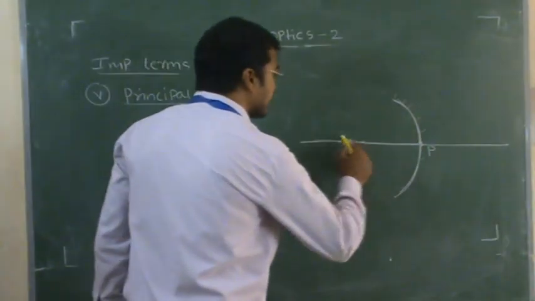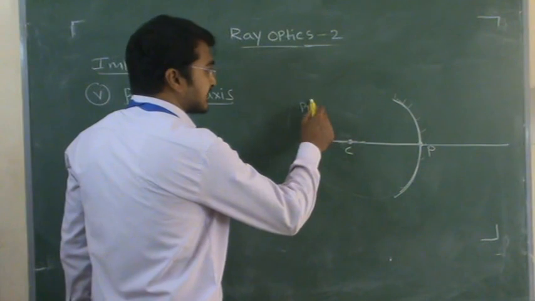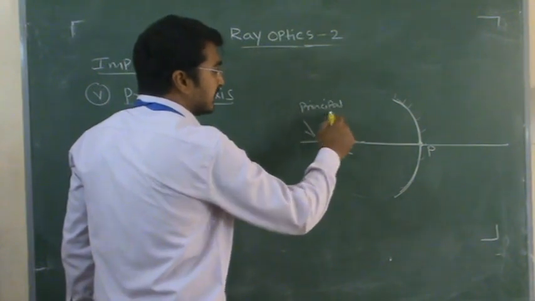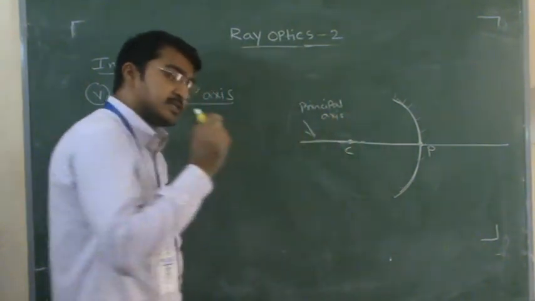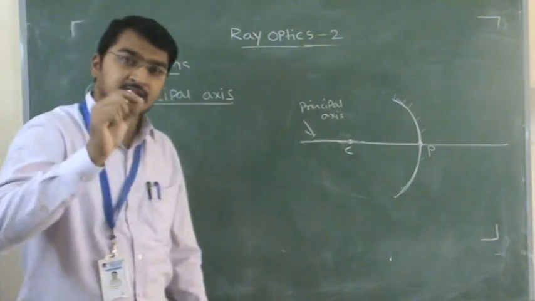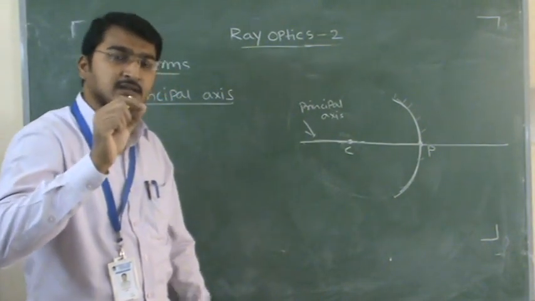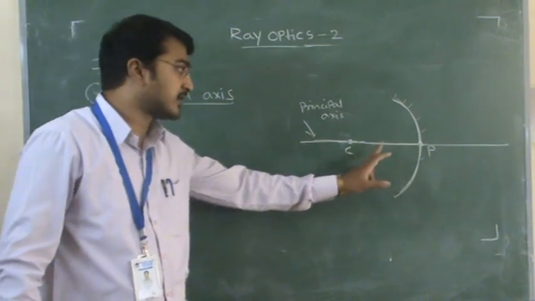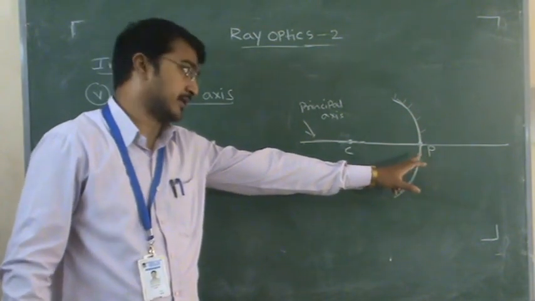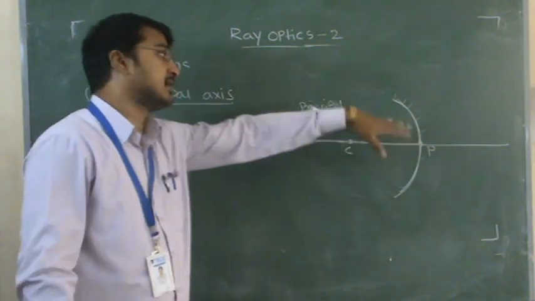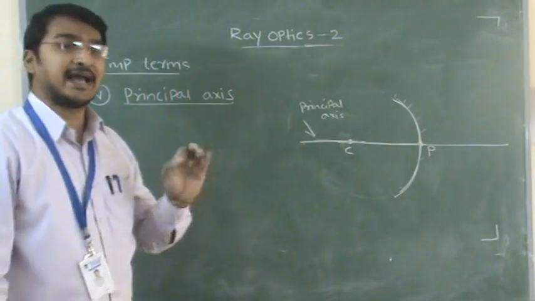So this we call principal axis. Remember it? Principal axis is nothing but the straight line which is passing through the center of curvature and pole of the mirror on both sides. That is called principal axis.